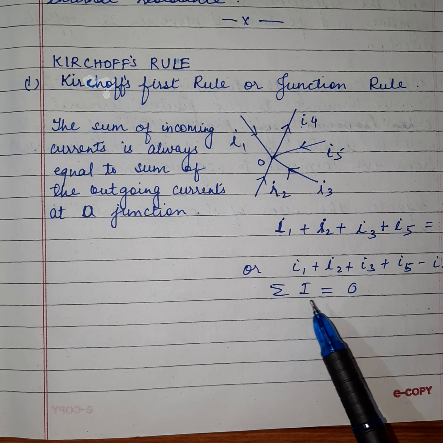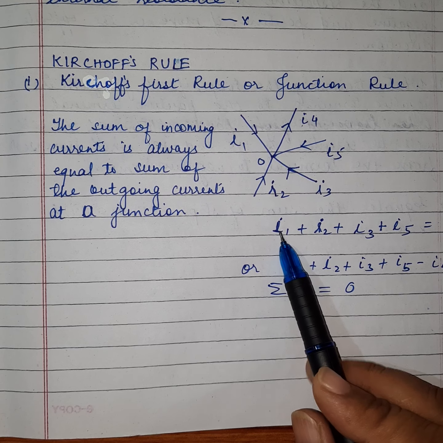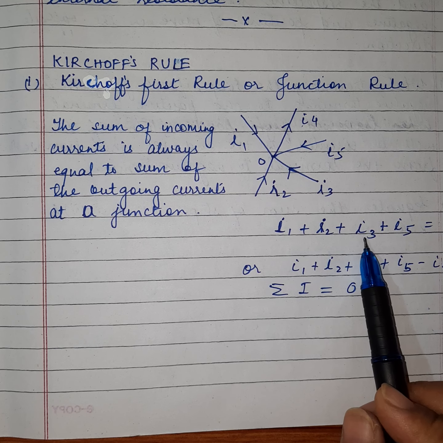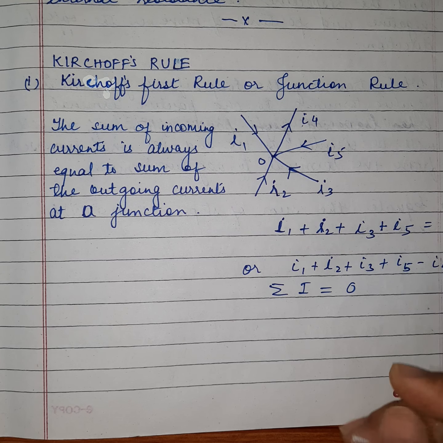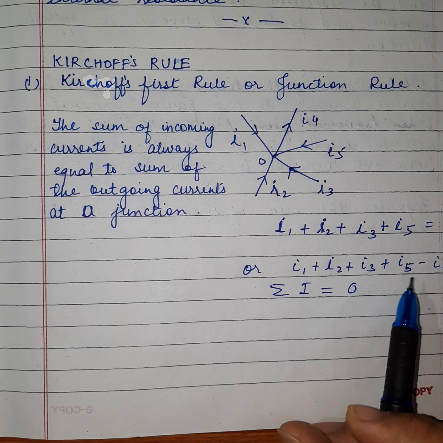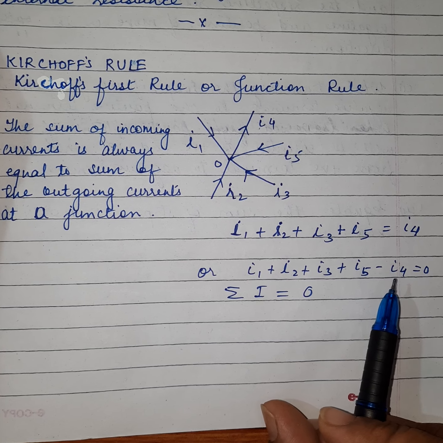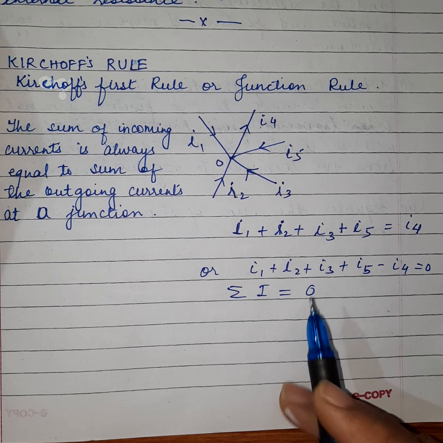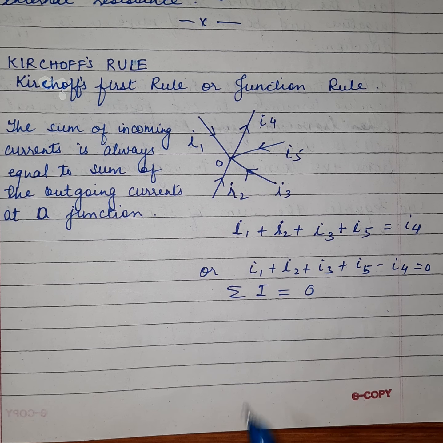Applying the first rule at junction O, we find that I1 plus I2 plus I3 plus I5 is equal to I4, or I1 plus I2 plus I3 plus I5 minus I4 is equal to 0, or summation I equals 0.